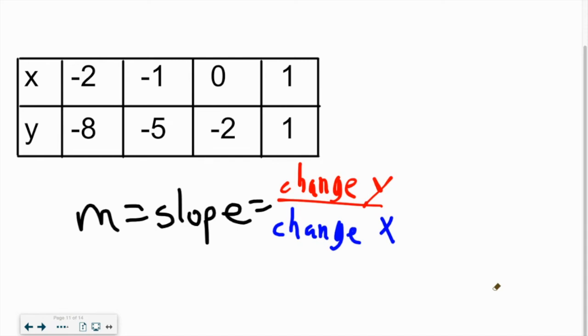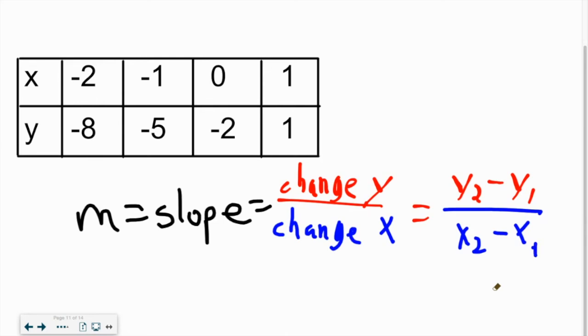If you remember back on the first or second slide, that's where I talked about y2 minus y1 over x2 minus x1. All it's talking about, again, is the rise over run, the change in y, which is subtracting your y's, over the change in x, which is just subtracting your x values.